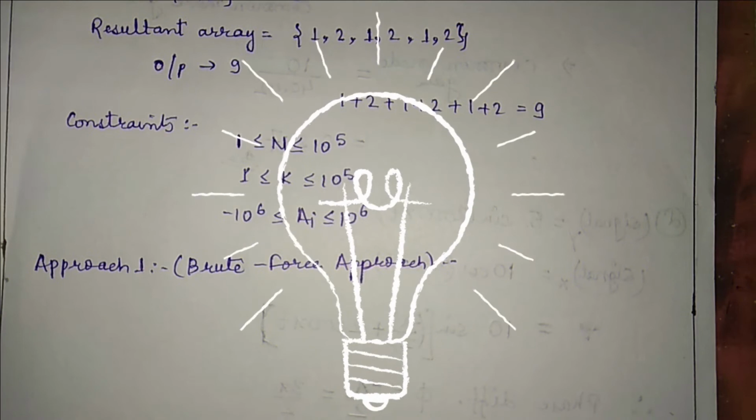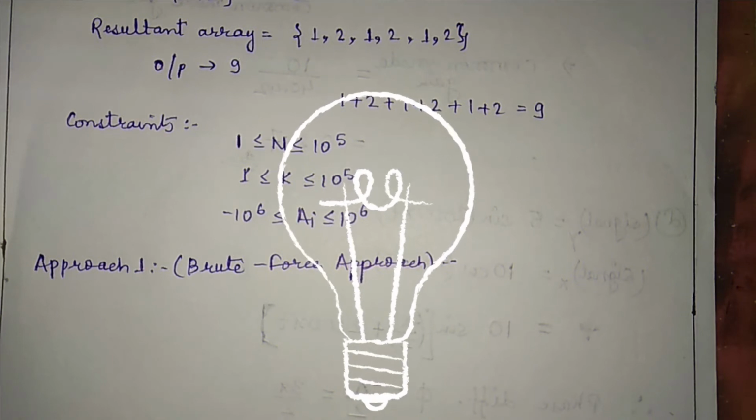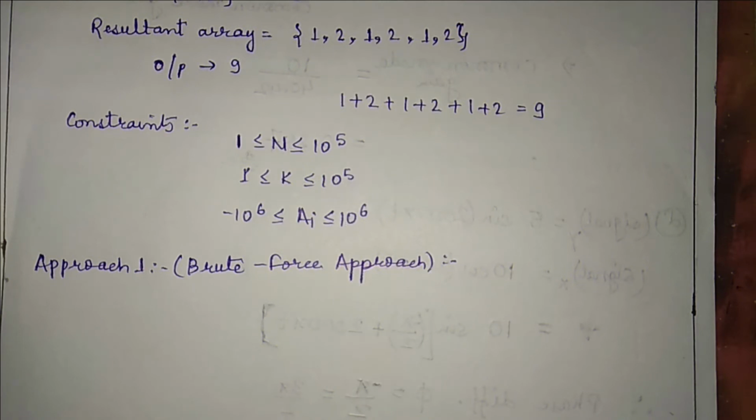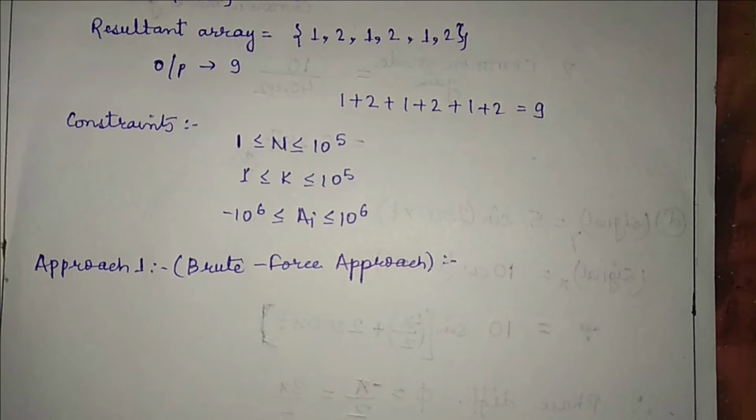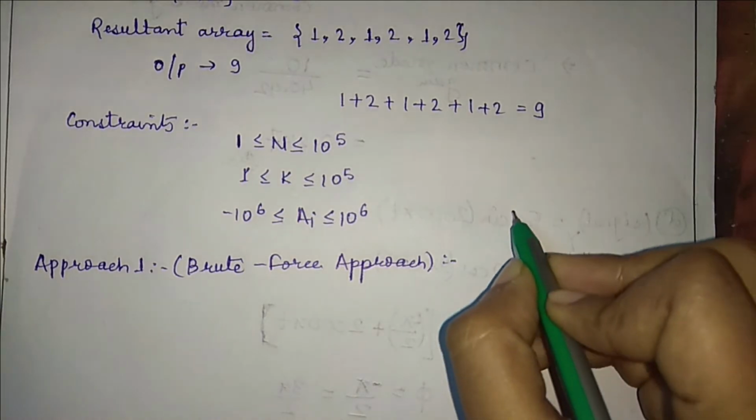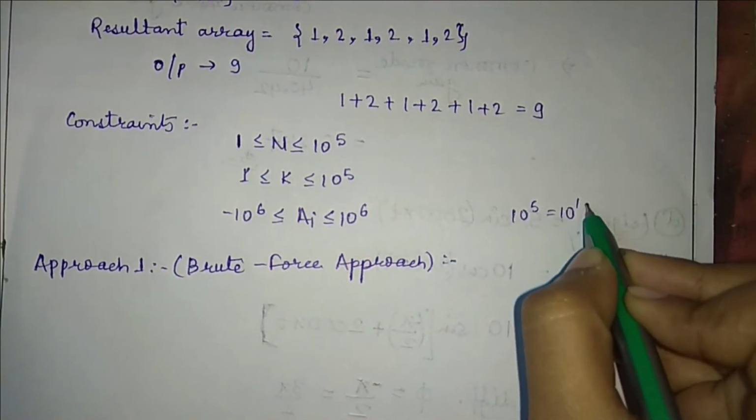From the constraints, you can see that if the time limit of the above problem is only 1 second, then we can't apply an O(n) square approach. Why? Since 10 to the power 5 squared will result in 10 to the power 10, right?